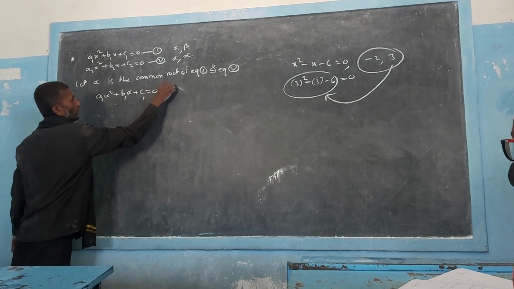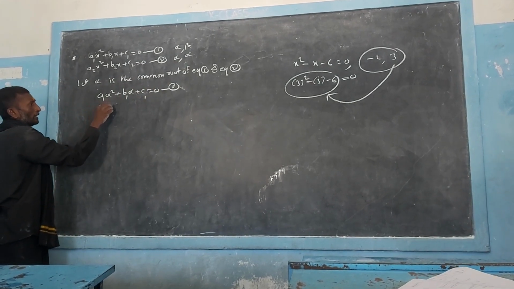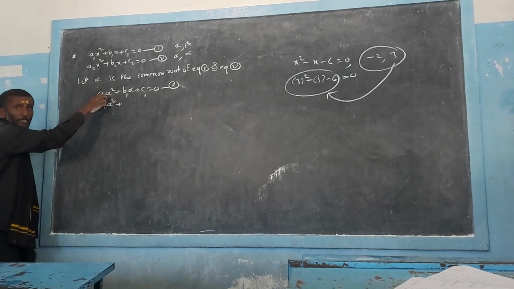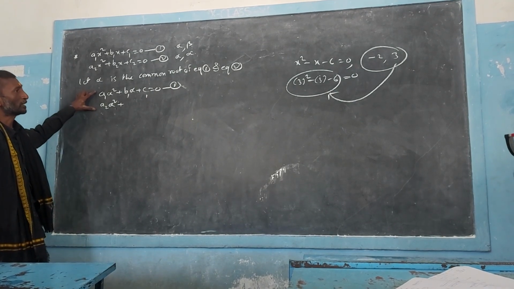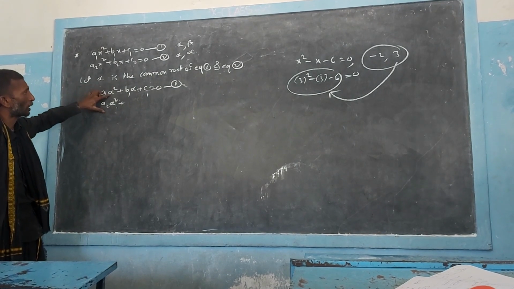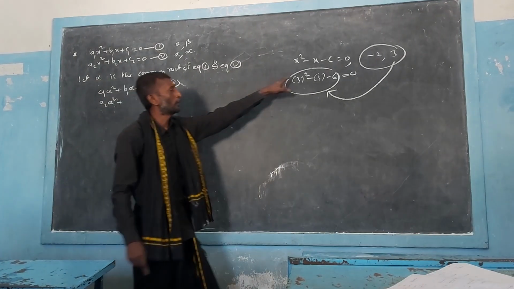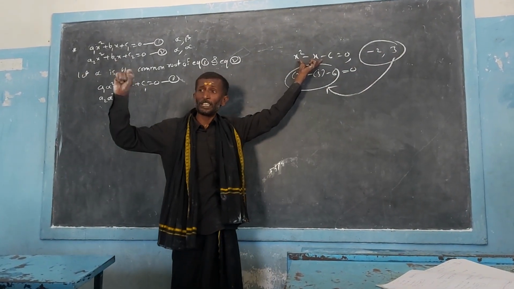Okay, and the second equation changes to a2 alpha square, because we are just substituting alpha in the place of x. This is our substitution. When we substitute x equal alpha, the value of the LHS is always 0. Like that example, if you know the roots and substitute both the roots in the equation, they satisfy the equation.